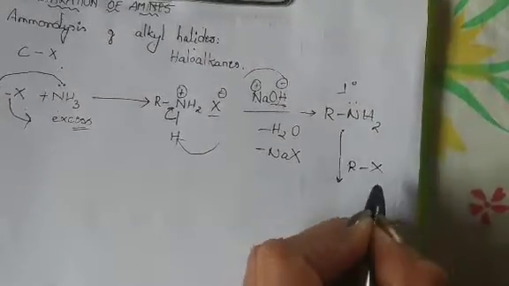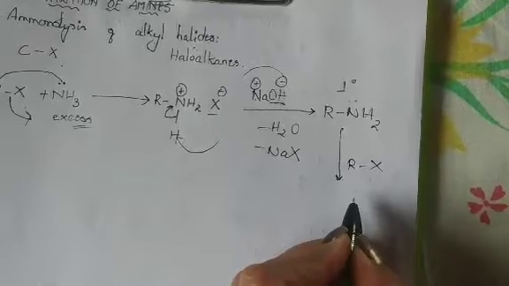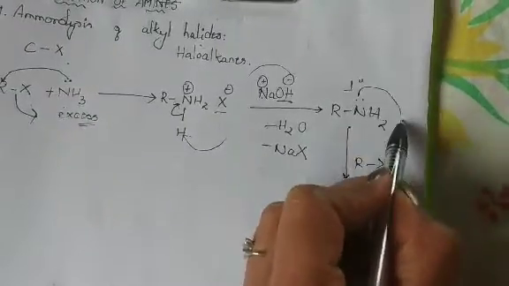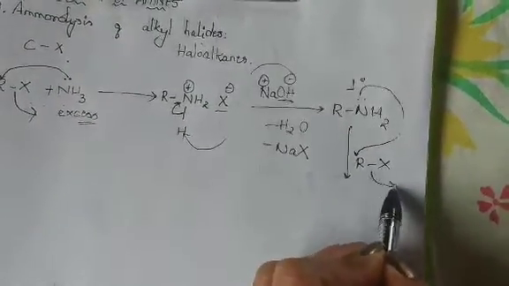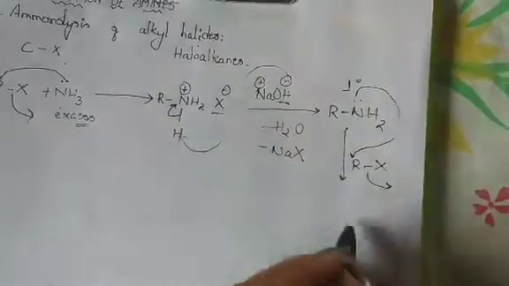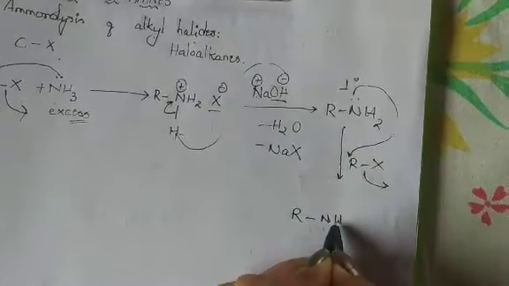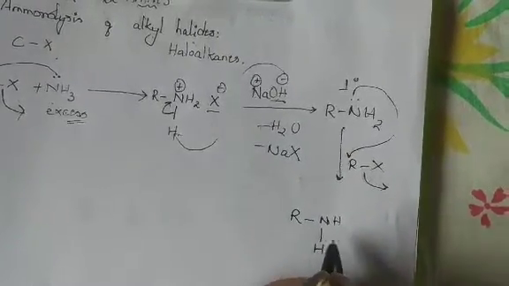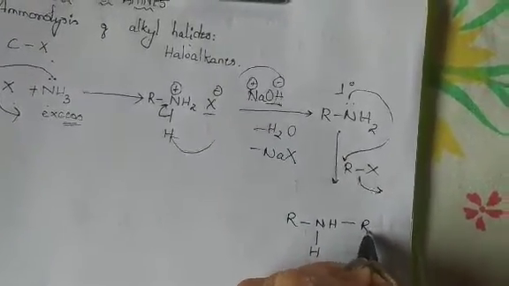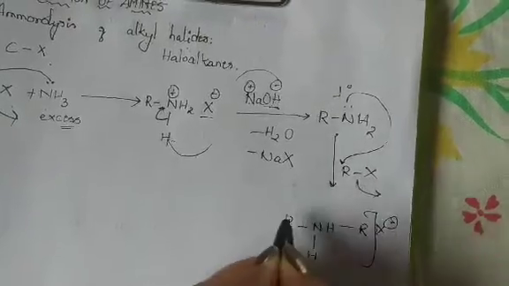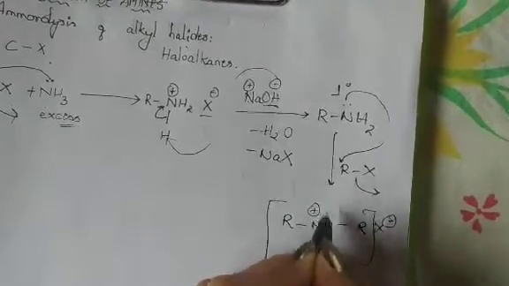Now, if another alkyl halide molecule is here, the lone pair on nitrogen attacks the alkyl halide and the halogen leaves, the same reaction that occurs in the first step. Here we have R and H, and then R will join here, X negative would be here, and nitrogen would be positive.